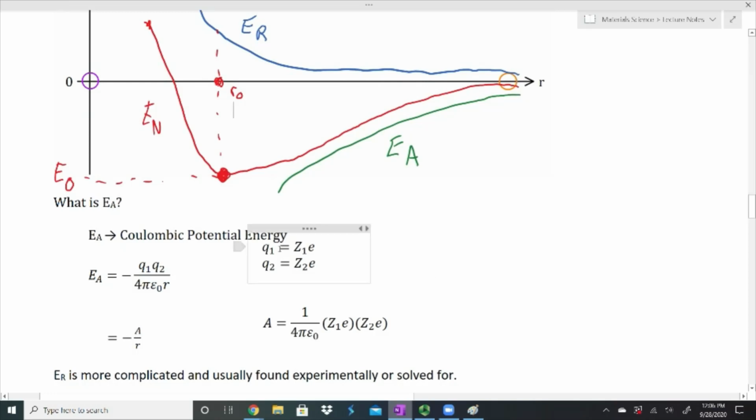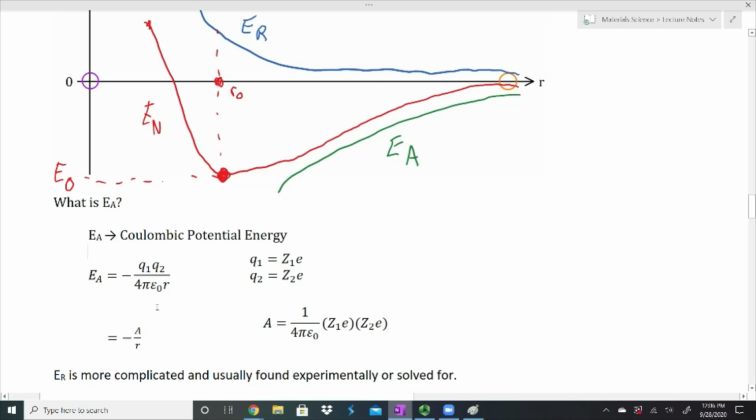All right, so let's talk about a few things really quickly. What is EA, our attractive energy? We can look at it as the Coulombic potential. And so from physics, we get something like this, where we have our negative Q1, Q2, those are our charges, over 4 pi epsilon naught R. What I can do is simplify some things.